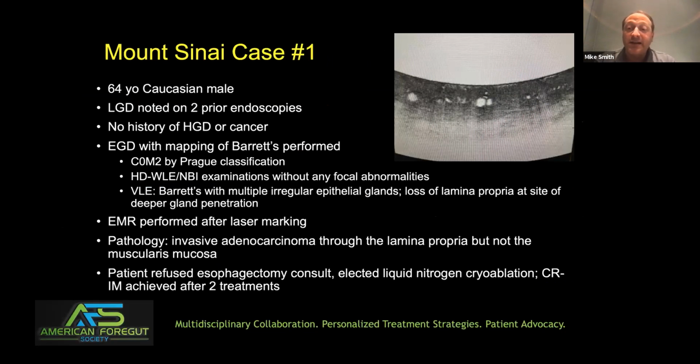But when we did his VLE scan, you could see that some of these bubbles are starting to break through what looks like the lamina propria and down into the deeper layers. And in fact, we laser marked this area and resected it, and we found a very small focus of invasive adenocarcinoma that went through the lamina propria, but not the muscularis. And in fact, this patient had liquid nitrogen spray cryotherapy and has achieved complete remission of intestinal metaplasia on biopsies and post-ablation VLE scans as well.